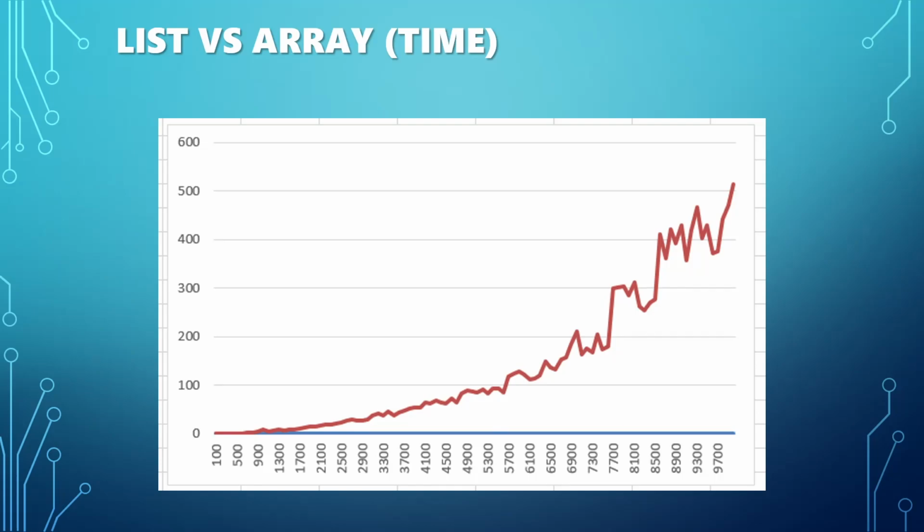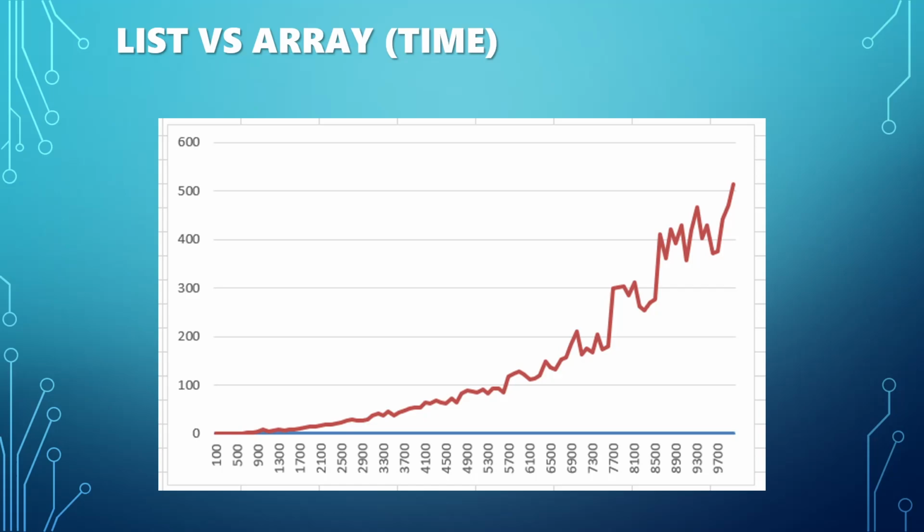Let's talk about my favorite part, graphics. Here we can see the time dependency of two different implementations of this algorithm, list one and array. I calculated the time in milliseconds. So what can we see?